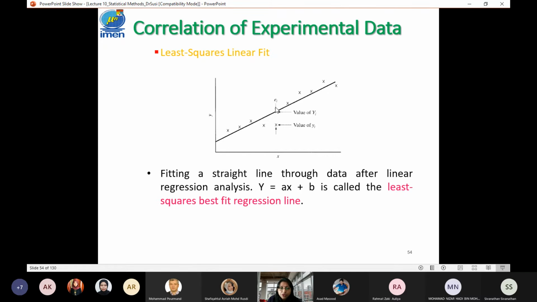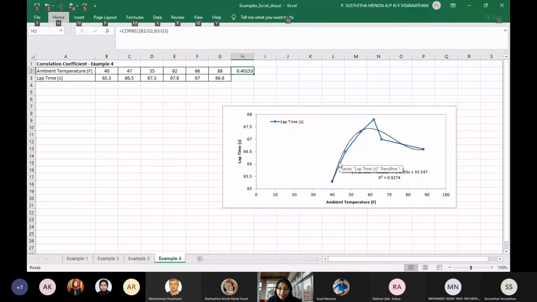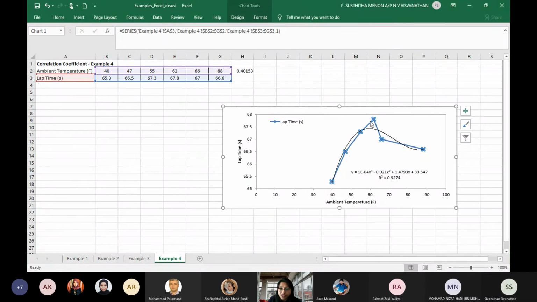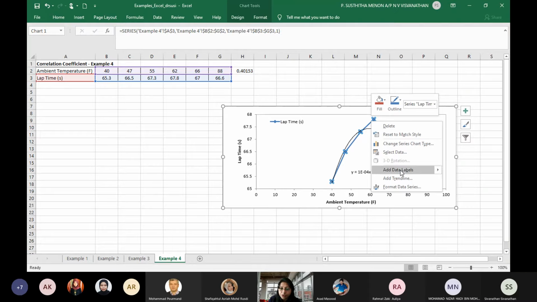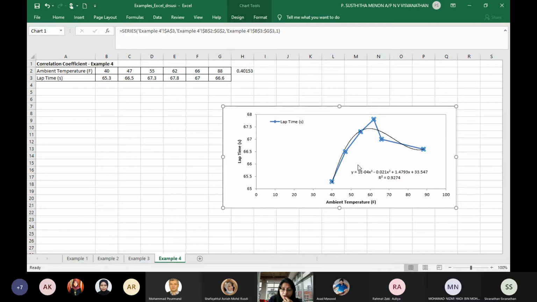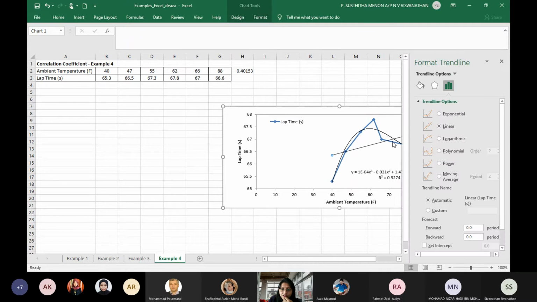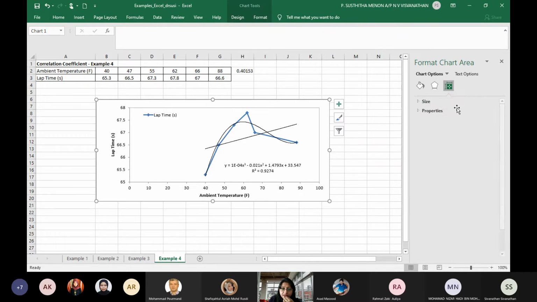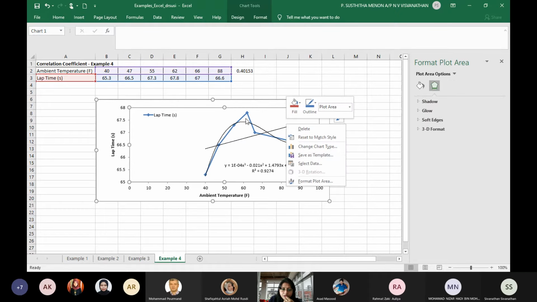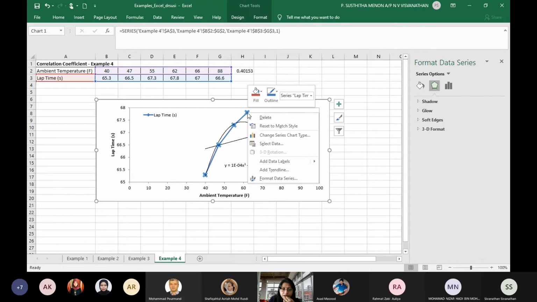And when you have this kind of data, normally we plug it into Excel, right? And we try to get what we call a regression line, right? So you add a trend line, okay? And you can see for this data over here, you can choose whether it's exponential. We go back here.